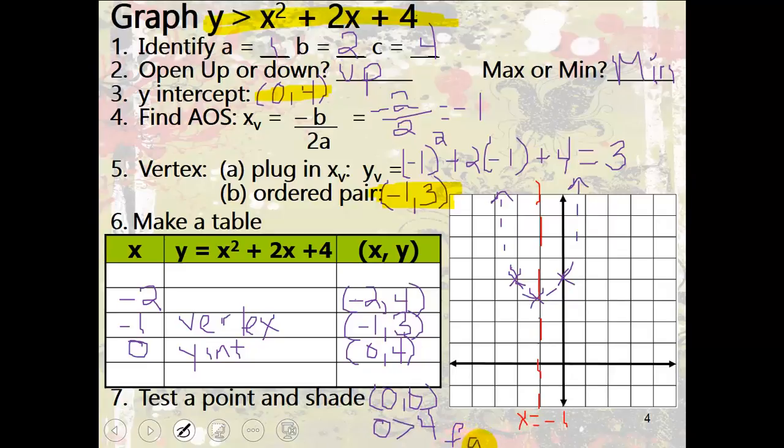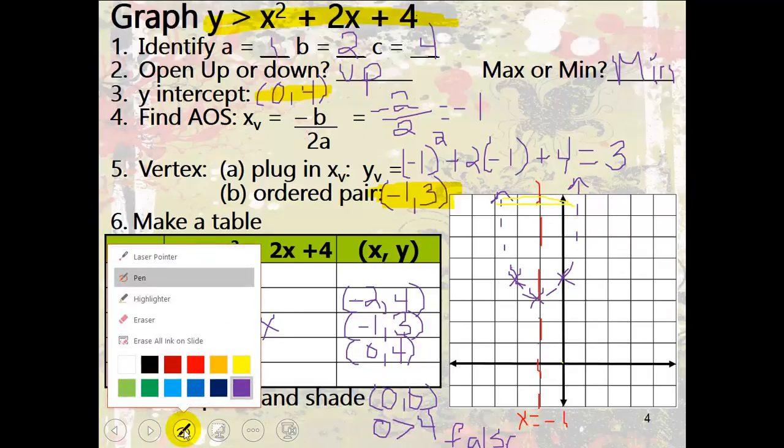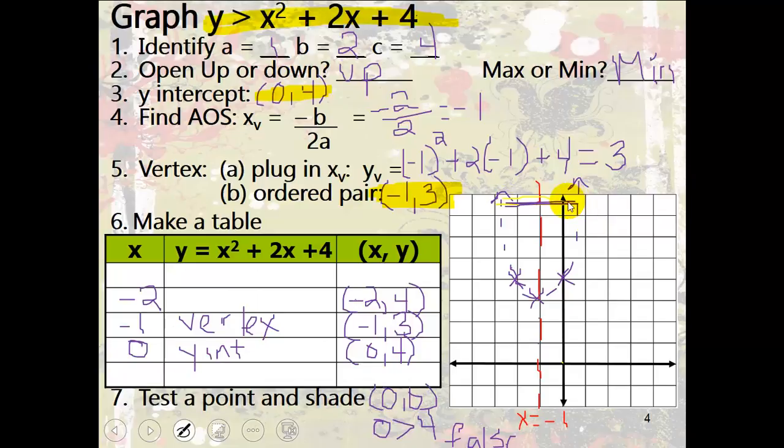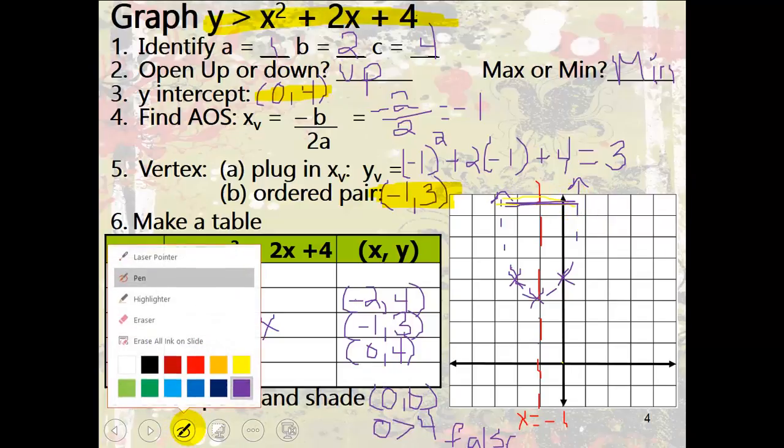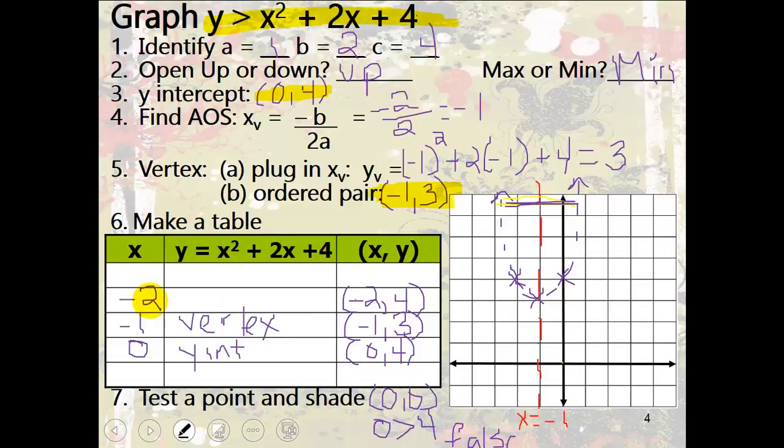So I cannot shade on this side, because that's false. That means I must shade in between my 2 arms. I must shade in here, between my arms.